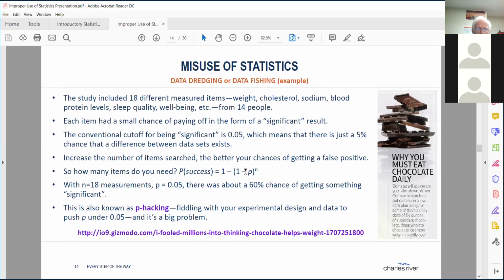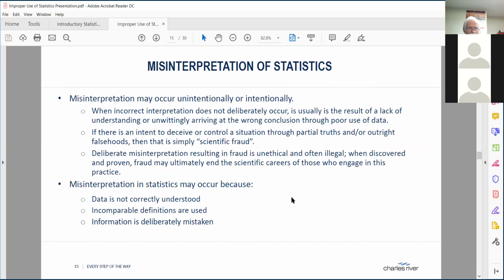So we want to be careful about the number of things we're measuring. This is one of the problems. When you measure too many things, you're going to get in trouble. For measuring 18 different items, we're going to need, you know, hundreds, if not thousands, of subjects to get any useful data.